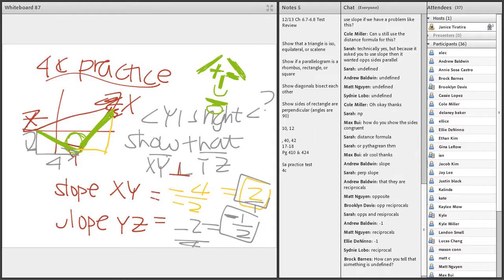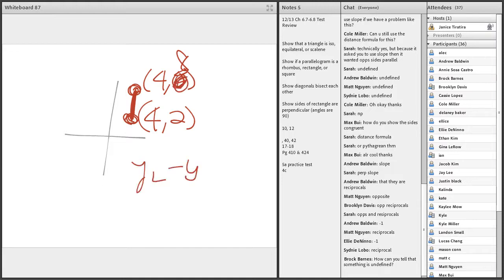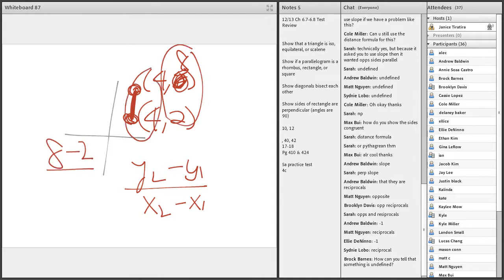How can you tell that something is undefined? Something is undefined whenever it is a vertical segment. So if I have, for instance, 4, 0, 4, 8, and 4, 2 or something, and you did slope, y2 minus y1 over x2 minus x1, subtract the y's, 8 minus 2, subtract the x's, 4 minus 4, we end up getting 6 over 0.